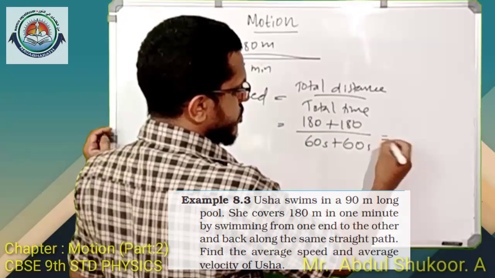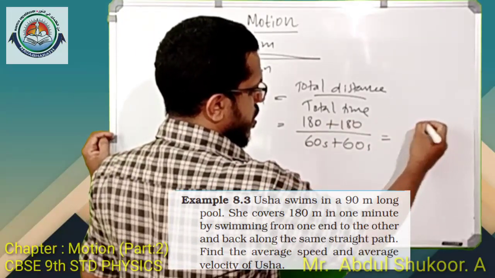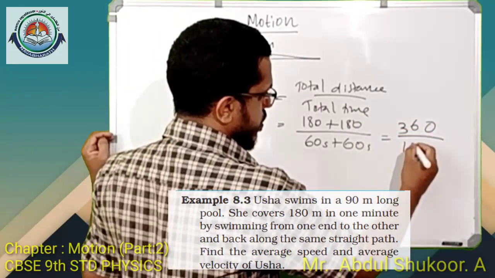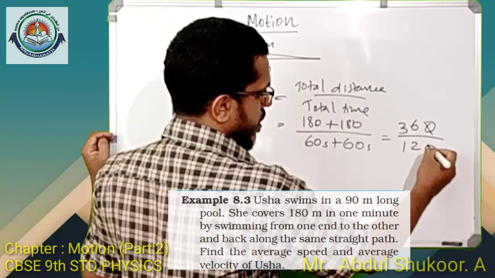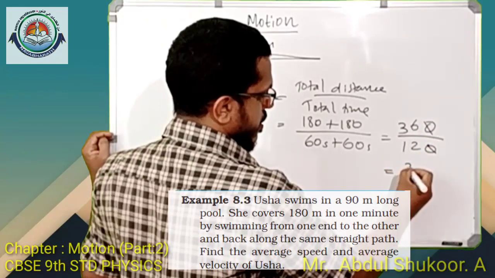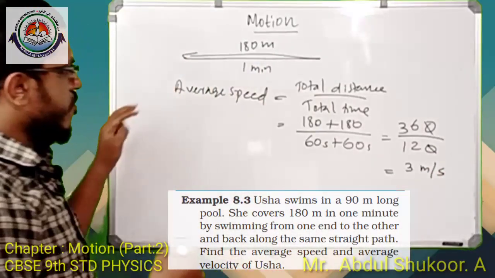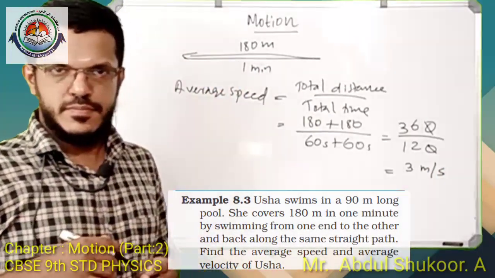That means 360 divided by 120, and the 0 cancels, so 3 meter per second is the average speed of Usha.